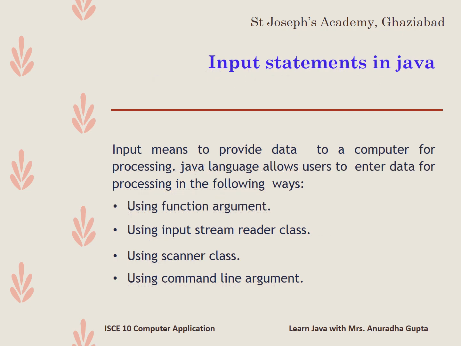Start with the input statement in Java. Input means providing data to a computer for processing. Java language allows the user to enter data for processing in the following 4 ways. First is function argument. Second is InputStreamReader class. Third is Scanner class. Fourth is command line argument.